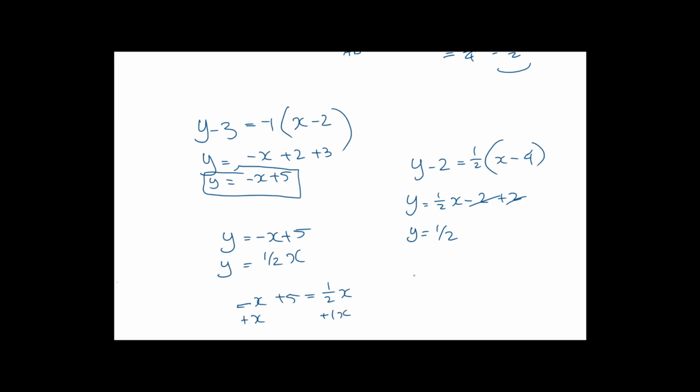Okay, so 5 is going to be equal to 3 over 2 x. Therefore, x must be equal to 5 over 3 over 2, which is going to be 10 over 3. Okay, so we know the x is 10 over 3.